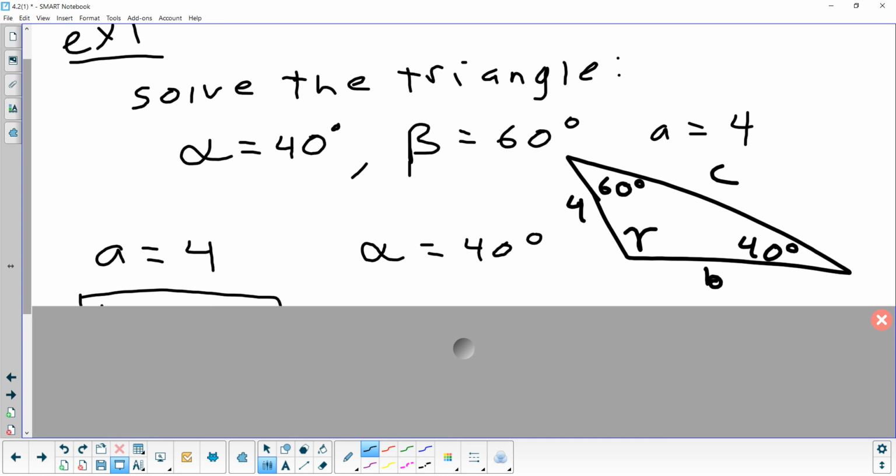Now, out of the three types that I gave you at the beginning, like angle, angle, side, anyone think they can tell me which type this one is? Yeah. It would be angle, side, angle. So for it to be angle, side, angle, that means they gave us two angles and a side, and the side that they gave us connects the two angles. It's between the two angles. Did they give me the side that connects the two angles?